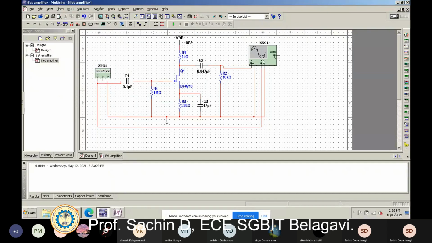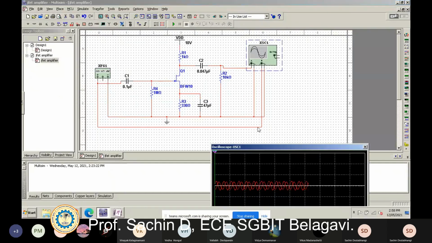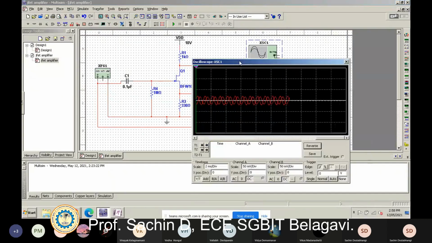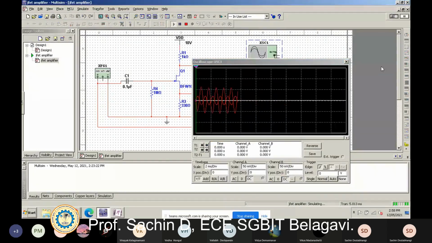And now here in the output, I will turn it on. This is how we are getting the output. See, the larger signal you are getting is your output, and the small signal is your input.